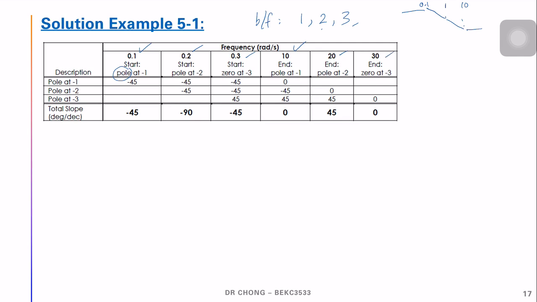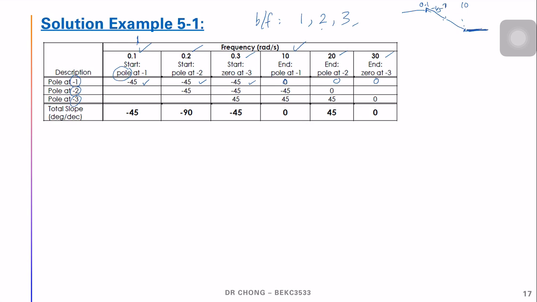Okay, so pole at 1: 0.1, and for 2 and 3 similarly. So if this is the pole at 1, it's decreasing, the slope is decreasing, so it starts as negative here, right? At 0.1 it starts with negative 45 per decade, so negative 45, negative 45 until 10, where it stops. Okay, at 10 it stops, because from 10 there is no inclination. With no inclination you write 0, 0.